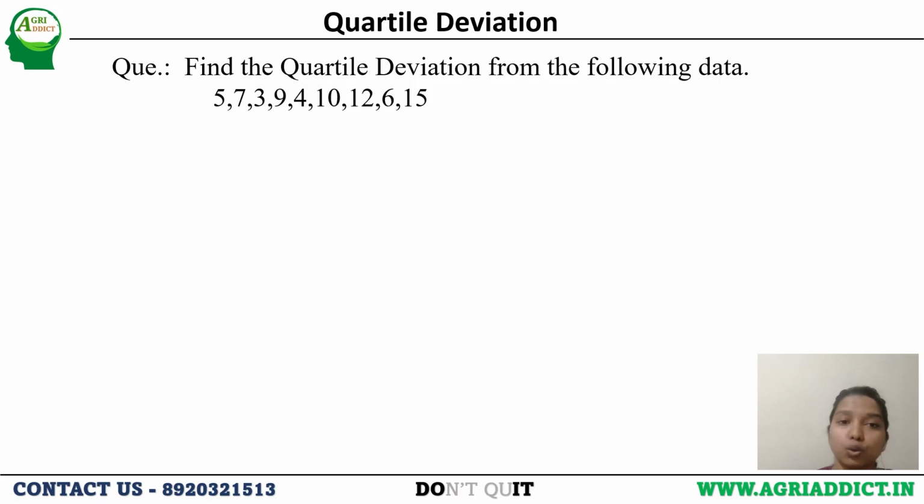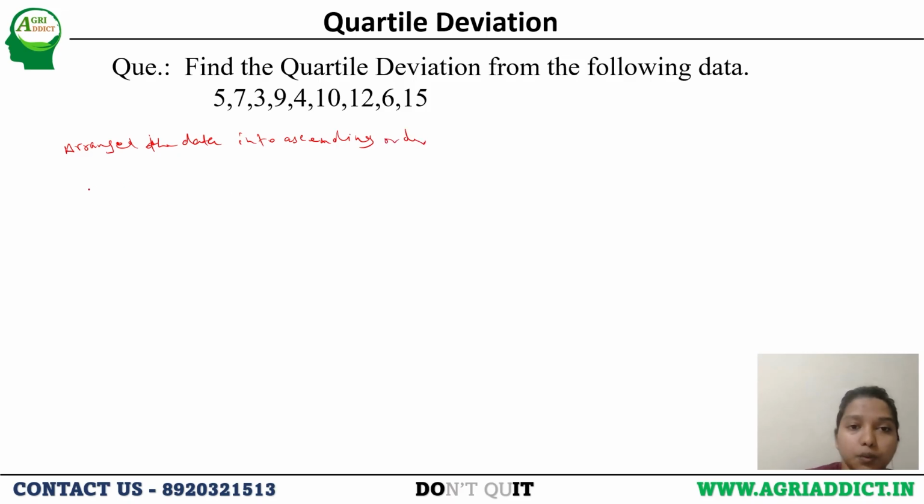In this slide, I have included this question. We'll be finding the quartile deviation for this series. For finding quartile deviation, we first have to arrange the data into ascending order. This is the first step.